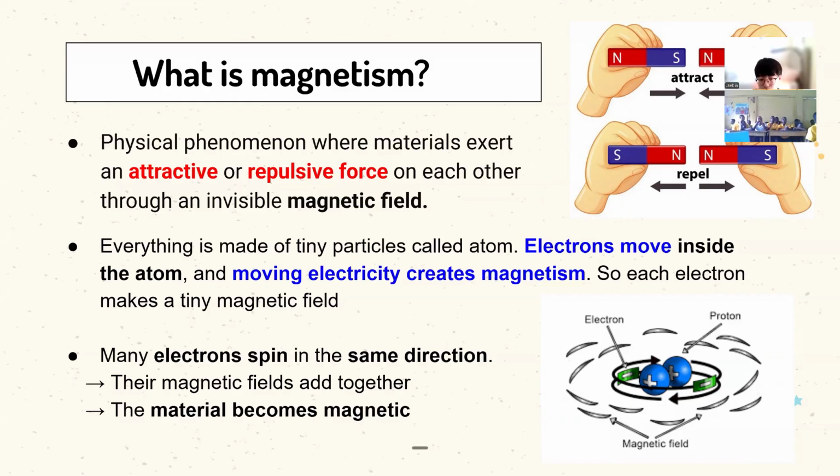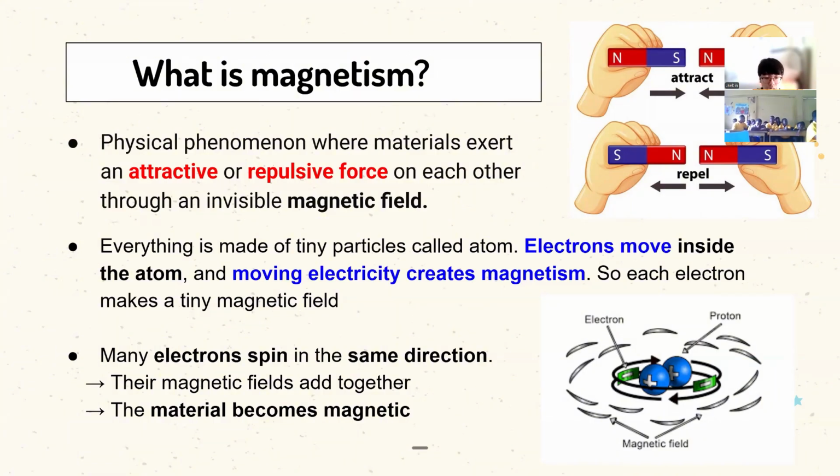The magnetic field actually comes from this. Everything is made up of tiny particles called atoms, and we have studied this, right? Electrons move inside the atom, and moving electricity also creates magnetism.